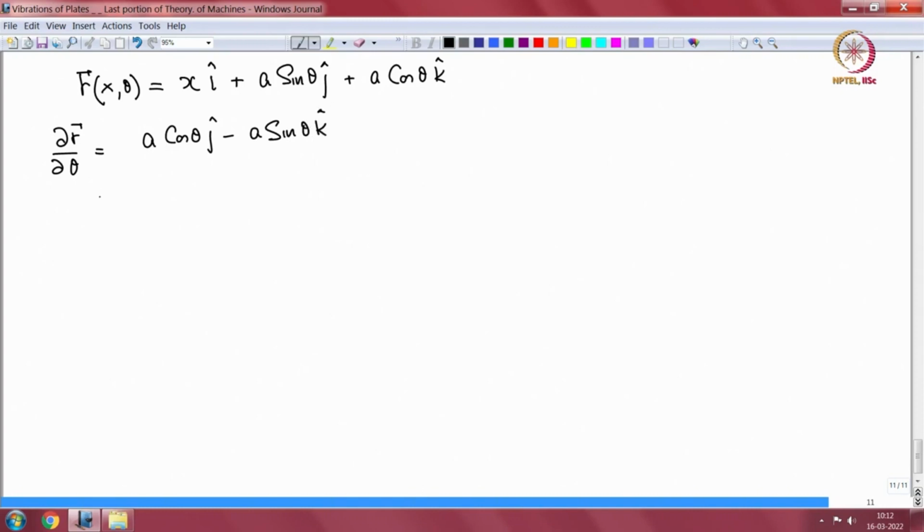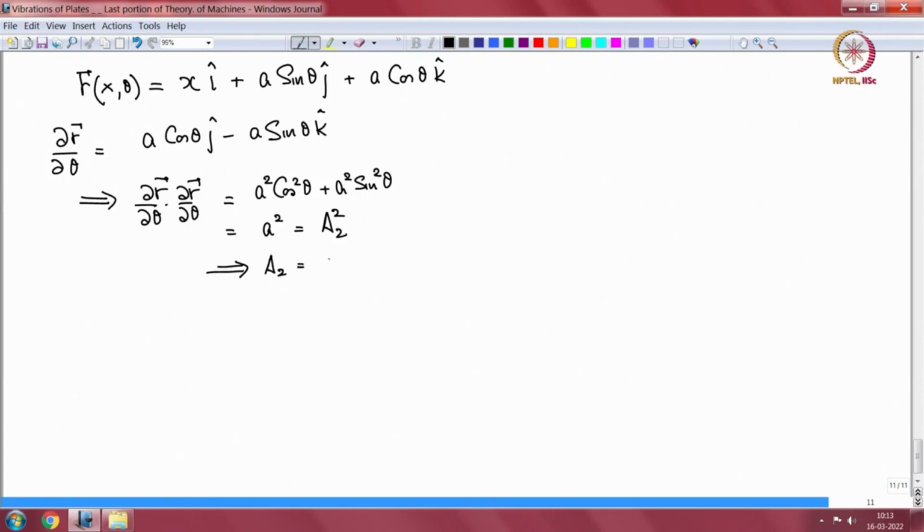That implies del R del theta dotted with del R del theta is equal to a squared cos squared theta plus a squared sin squared theta, which is equal to a squared, which is A2 squared, which implies that A2 is equal to a.